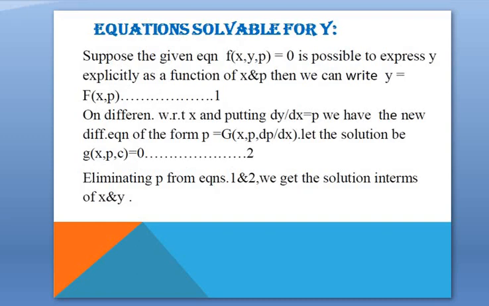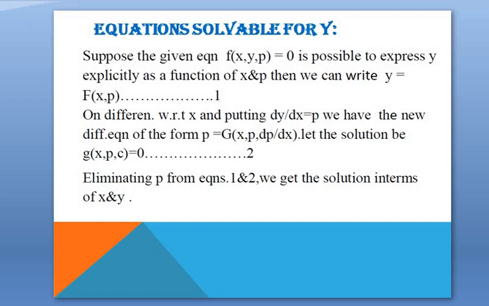The other method is equations solvable for y. Suppose the given equation f(x, y, p) equal to 0 is possible to express y explicitly as a function of x and p, then we can write y as a function of x, p. So by differentiating this with respect to x and putting dy/dx equal to p in equation 1, we have the new differential equation of the form p is equal to g(x, p, dp/dx).